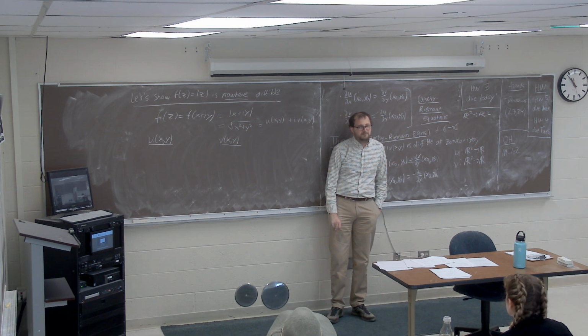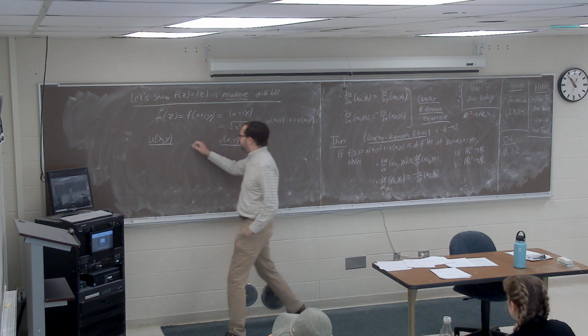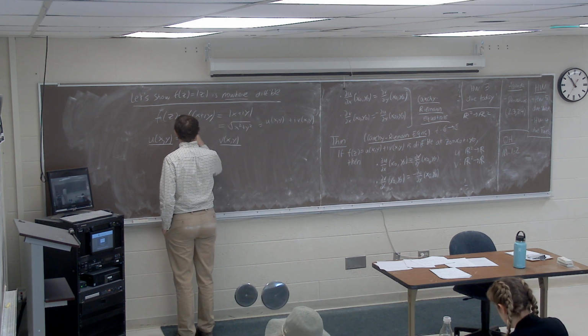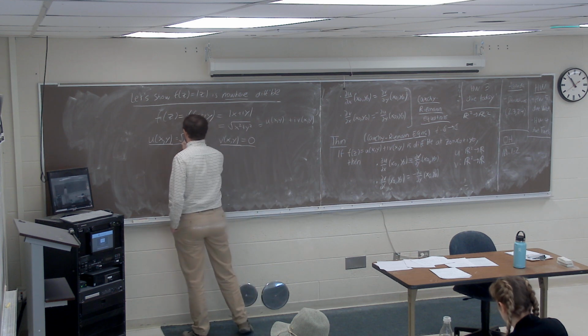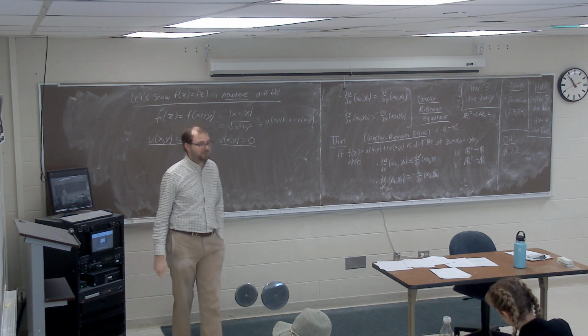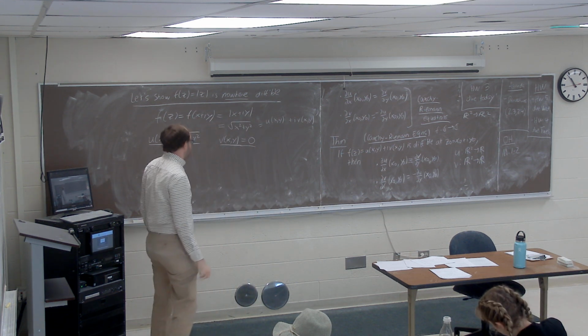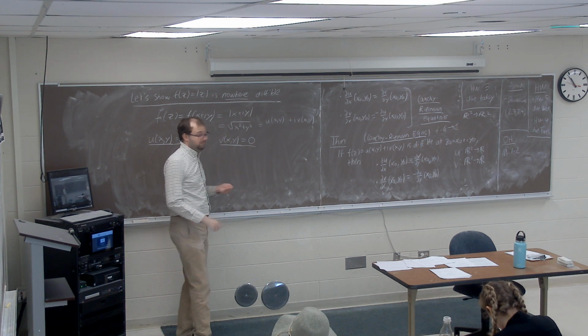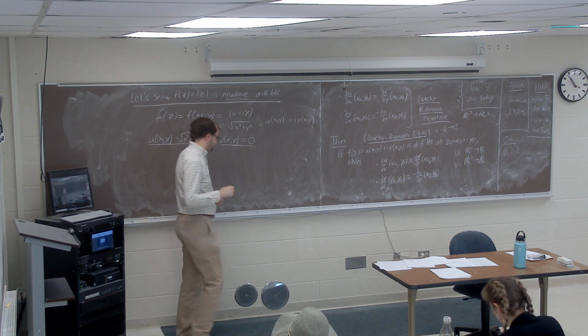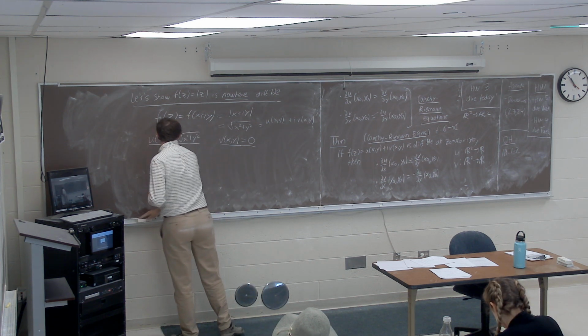Our u of x,y would be the square root of x squared plus y squared. And what would v of x,y be? 0. Indeed. Turns out this function has an imaginary component of 0. Why? Because our magnitude is always going to be a real number.